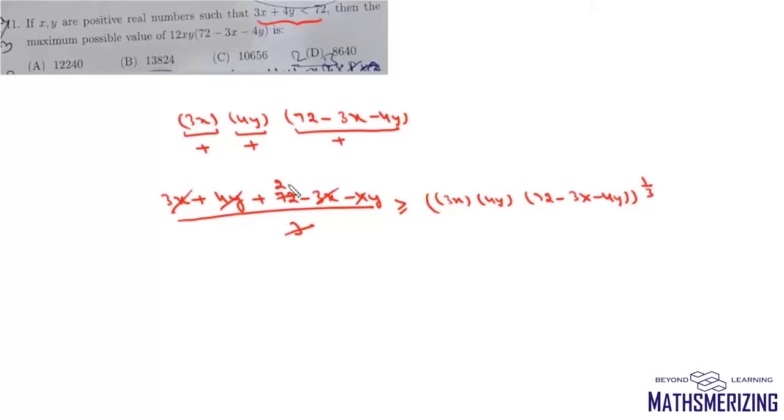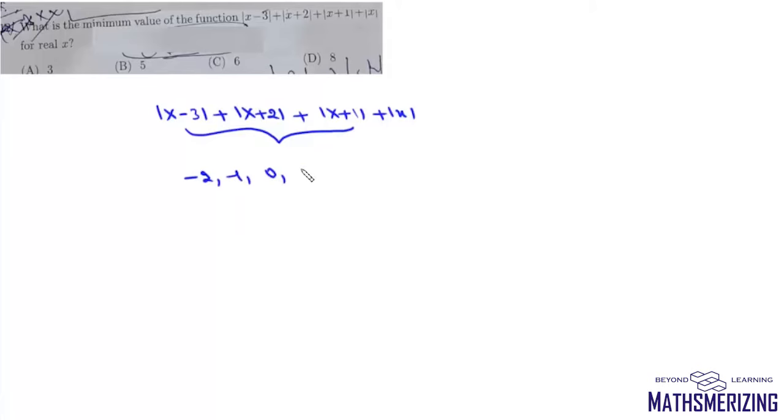Now if we take this cube on the left hand side, we can write 3x into 4y into 72 minus 3x minus 4y will be less than or equal to 24 cube. Now 24 cube is 13824. So the maximum possible value of this expression is 13824, and that's your option B.